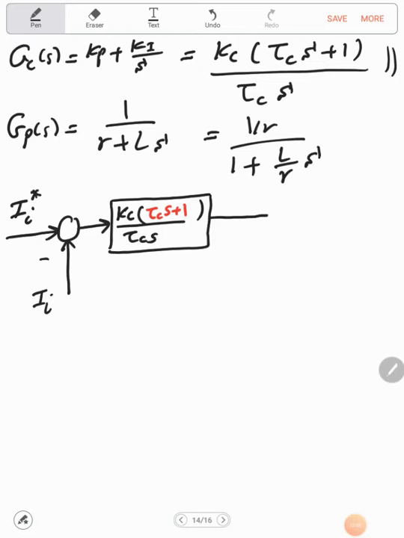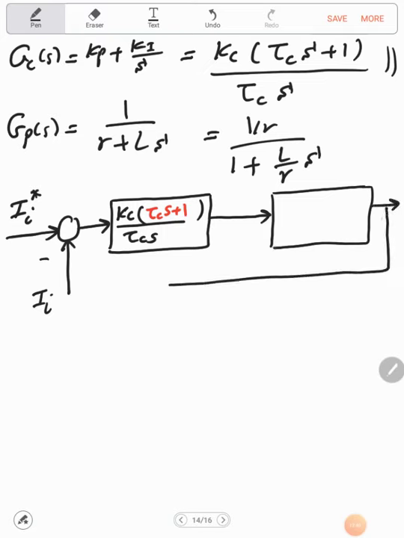Now the same thing here, I will plot the block diagram for the plant, and for that I will use this representation, which is a DC gain 1 over R, and here 1 plus L over R S.